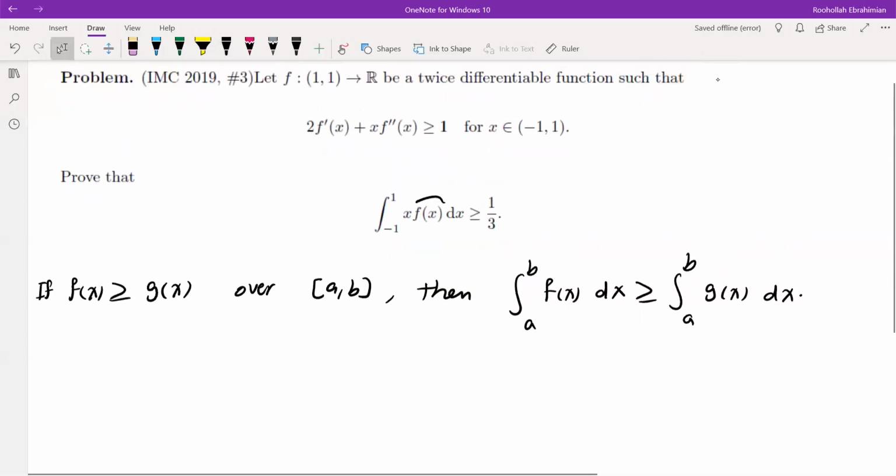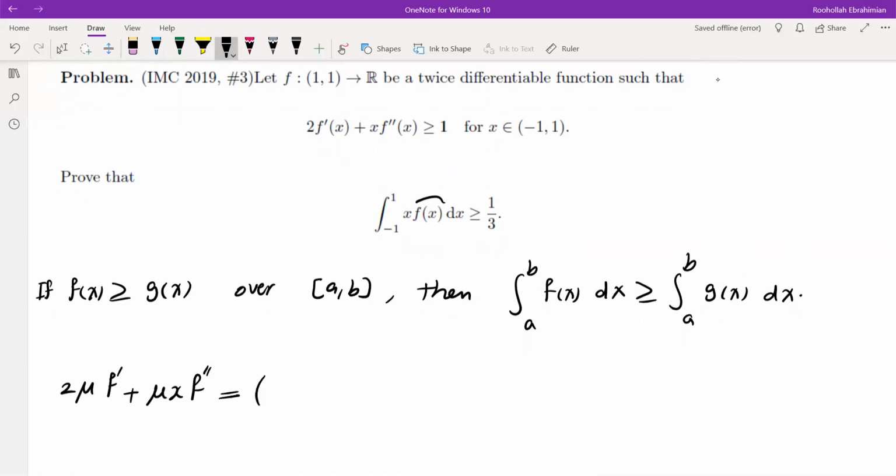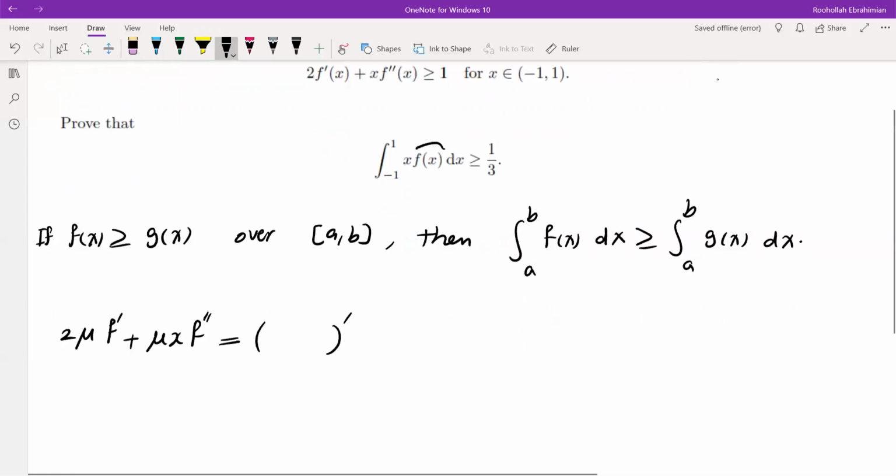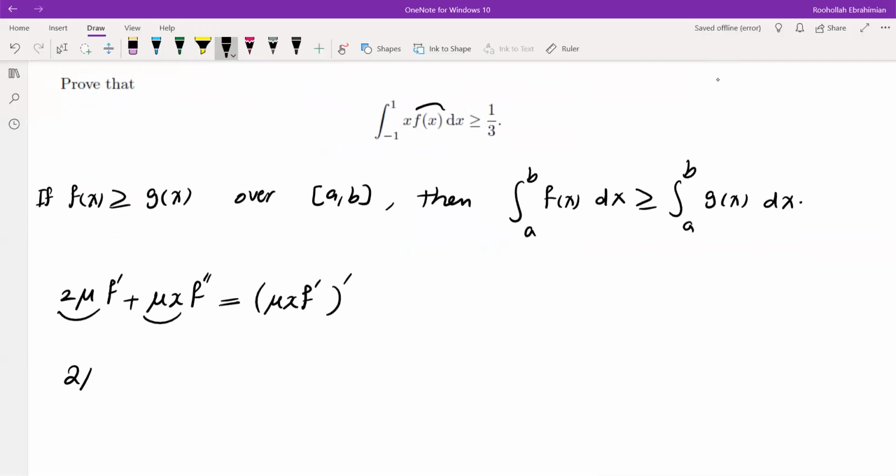So what we want is to multiply this by some mu, so that this becomes the derivative of some function. Clearly one of those functions must be f prime and the other function must be mu x. So this is going to have to be the derivative of mu x. In other words, we want 2 mu to be the derivative of mu x.